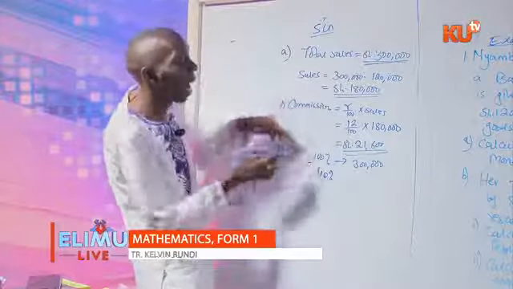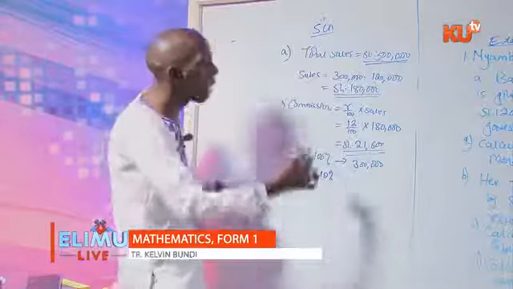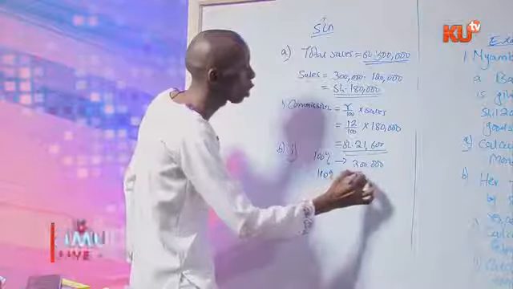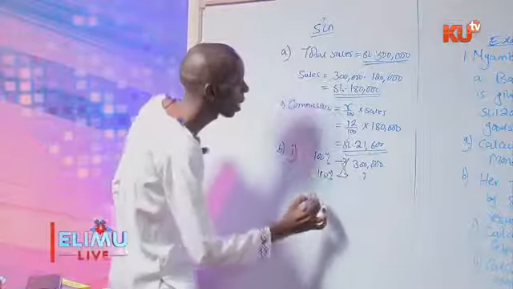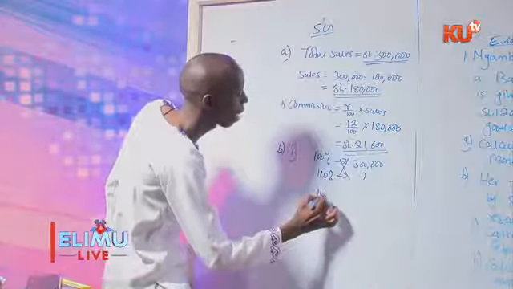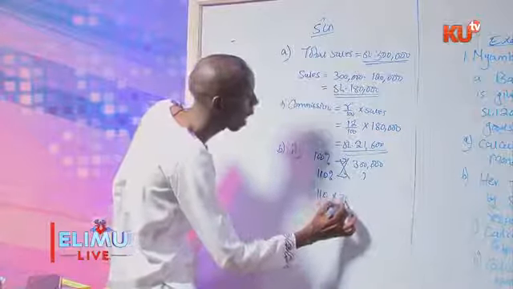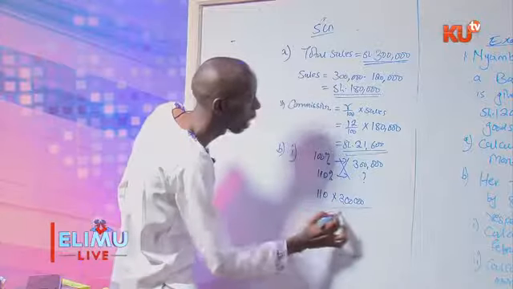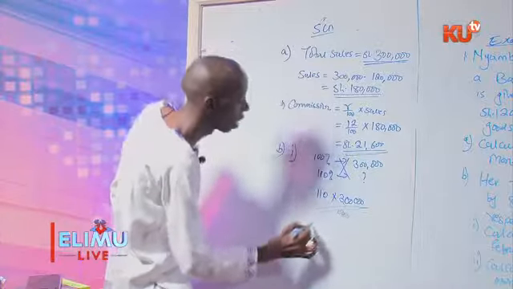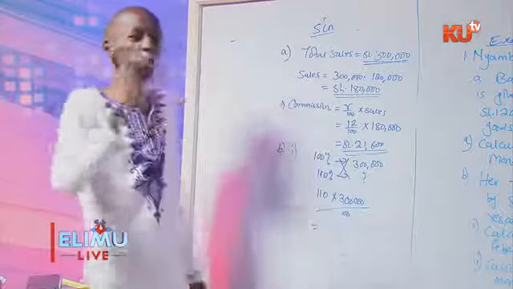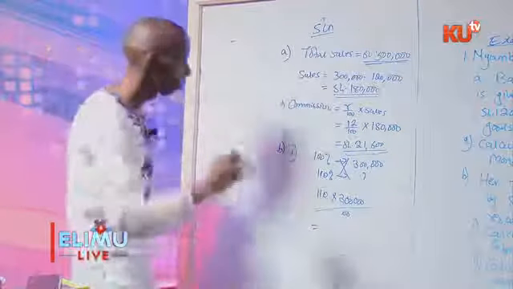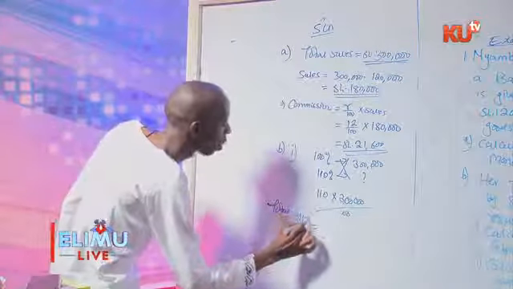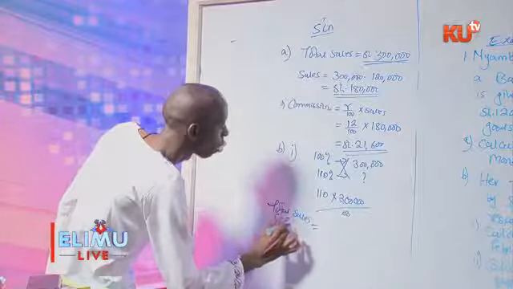Because you take the 100%, plus the 10% that is increased. So when you cross multiply, you'll get 110 multiplied by 300,000 divided by 100. And therefore, you'll get the total sales for February.